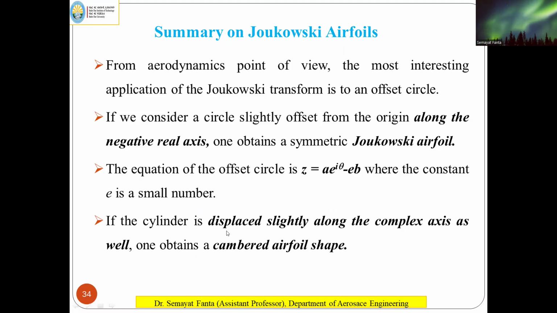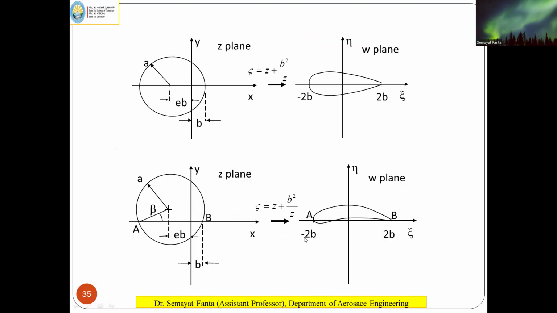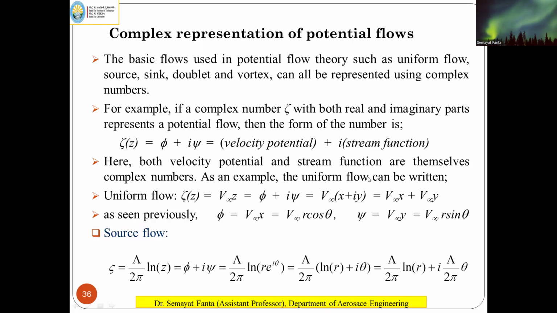If the cylinder is displaced slightly along the complex axis, we get a cambered aerofoil. So when the offset is in the y-axis or the imaginary axis, what we get is a cambered aerofoil. So these are some important ideas.